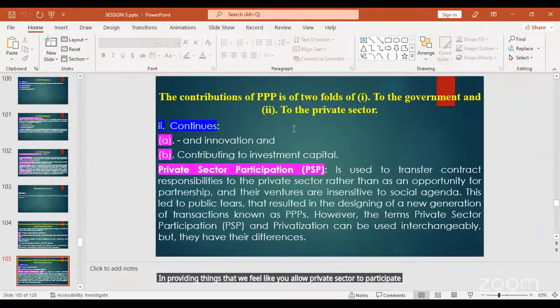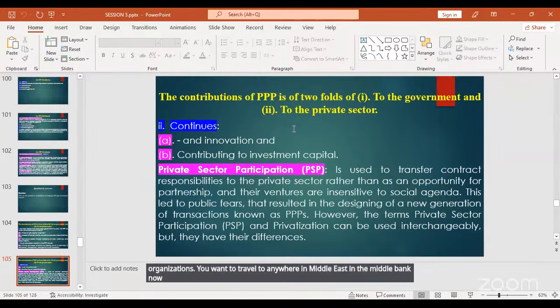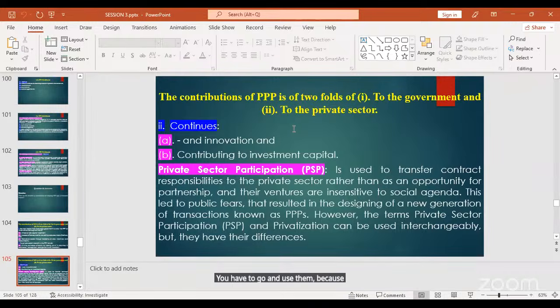You see today now, the private sector is already participating in the security arm. There are those that government has already issued license to run private security organizations. You want to travel anywhere in the Middle Belt now, you have to use them because the government has said you can no longer use police for individual escort.